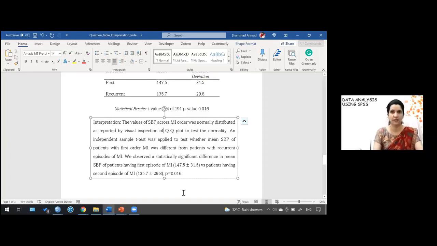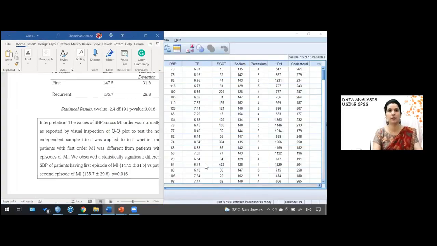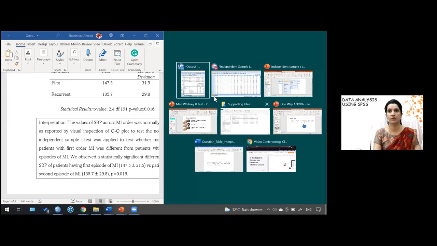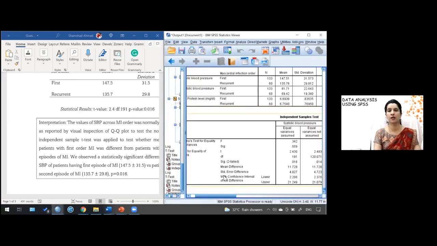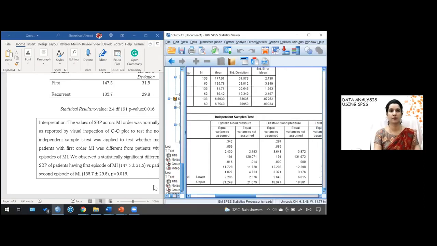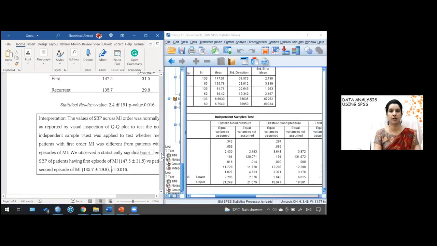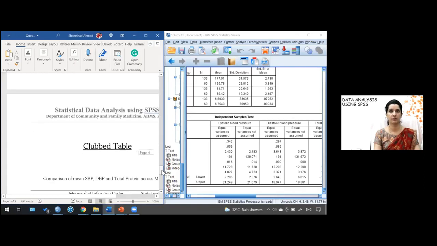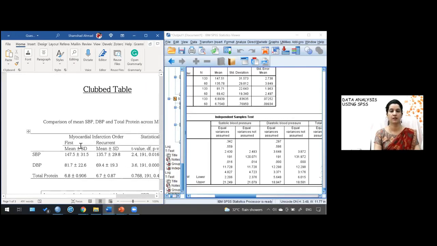So similarly, I'll show you with the output. So this was the output. If you see the diastolic blood pressure, and if I go down, there's another table which we have clubbed. So you can write the comparison of mean SBP, DBP and total protein.